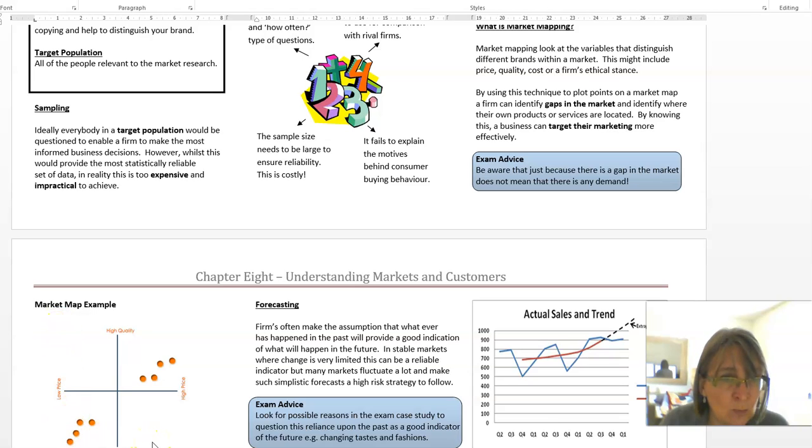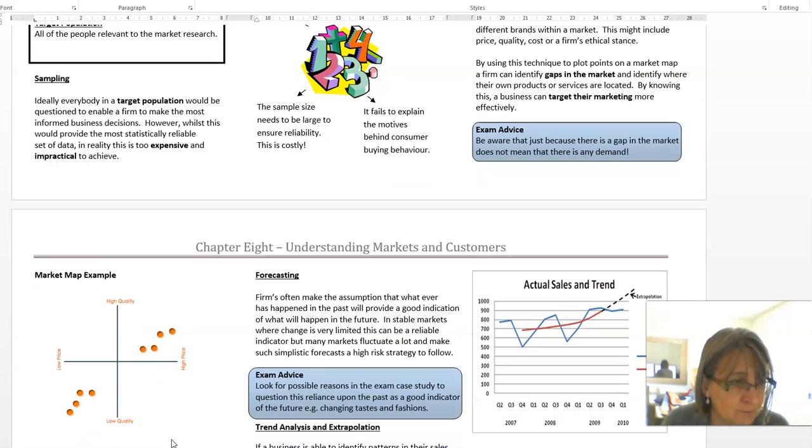By doing this, we find a gap in the market, and that can be the area that we market our own product to. So we can see here that there are high quality, high price products and low quality, low price products, but not so many low price, high quality or low quality and high price.